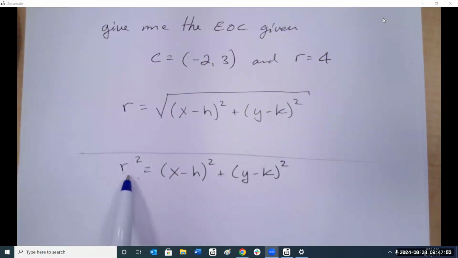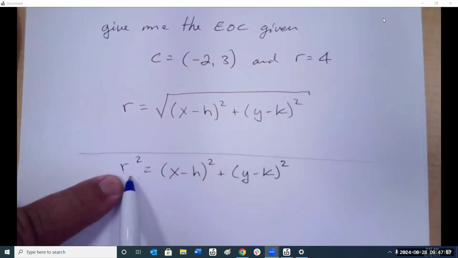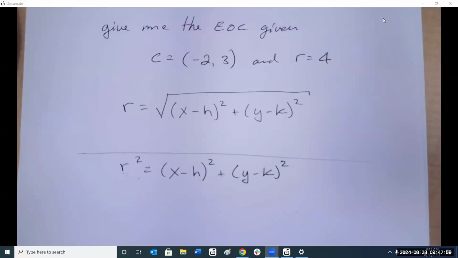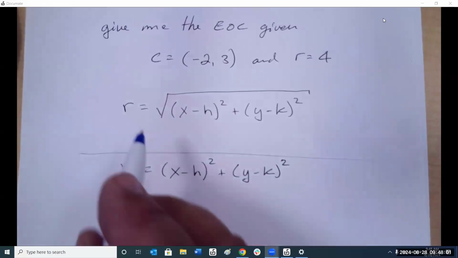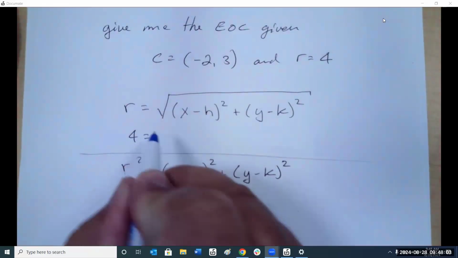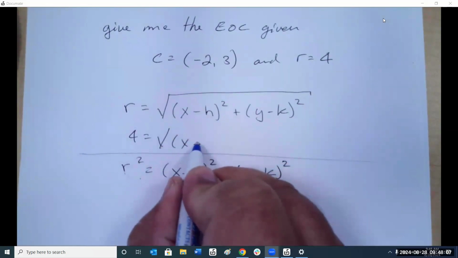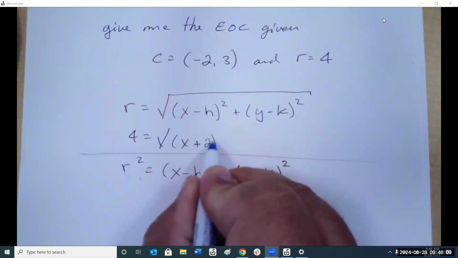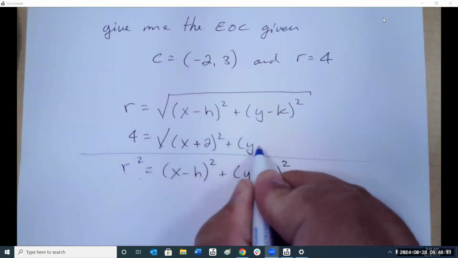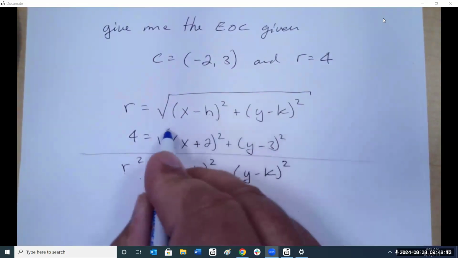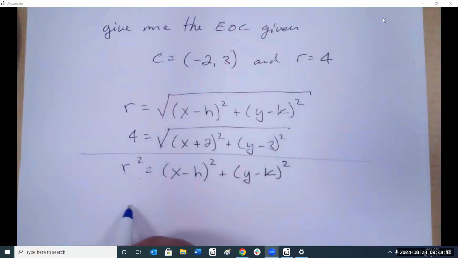I could also put it here. Since r is 4, if I use this, it's going to be 16. Because in this formula, 4 is equal to x plus 2, y minus 3, it means the same thing.